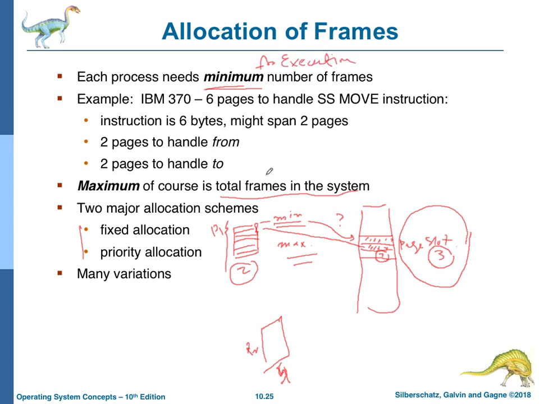And maximum is most obviously the total number of frames. A process would always need the entire process to be loaded into the main memory, so maximum is the total number of frames most of the time, okay? So this is the page allocation. No, sorry, frame allocation.